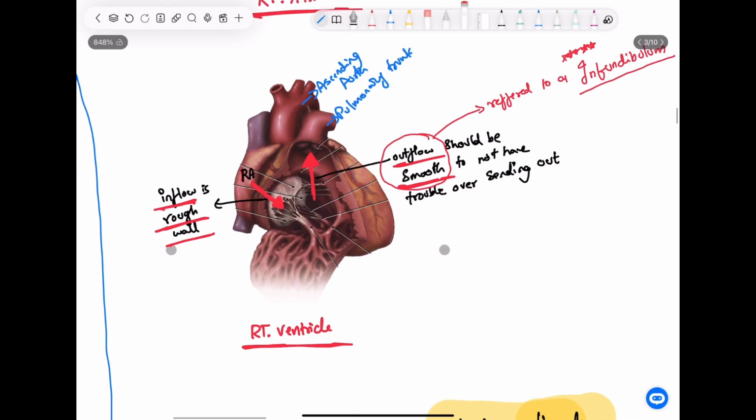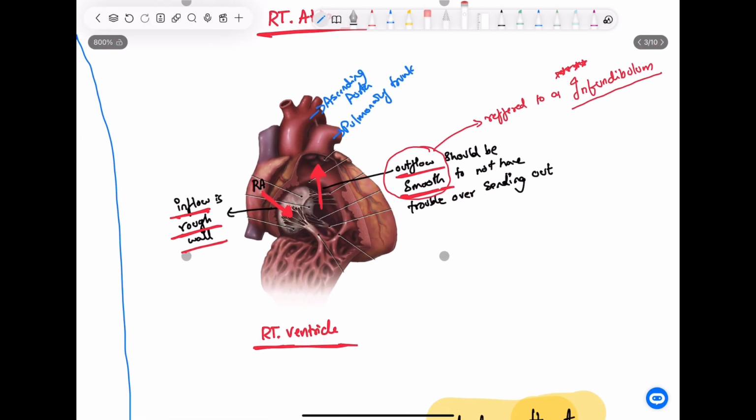Likewise, in the right ventricle diagram, you can see the inflow is a rough wall. Can you see the rough wall? And the outflow, can you see this is smooth? Outflow is smooth. Why? Because outflow should be smooth so as not to have trouble sending blood out.